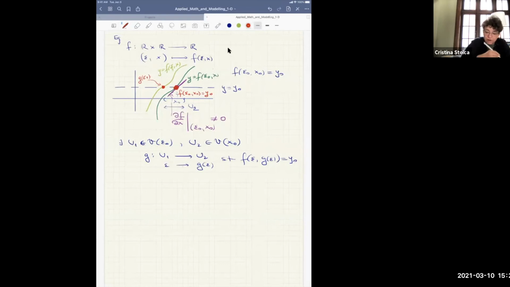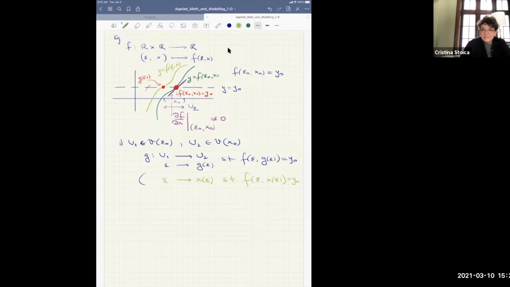And so forth. That's why people sometimes, instead of g, call this fellow x; it's an abuse of language, as we say. They say x goes into an x of epsilon. So actually you're going to have f at epsilon, x of epsilon is still y naught.